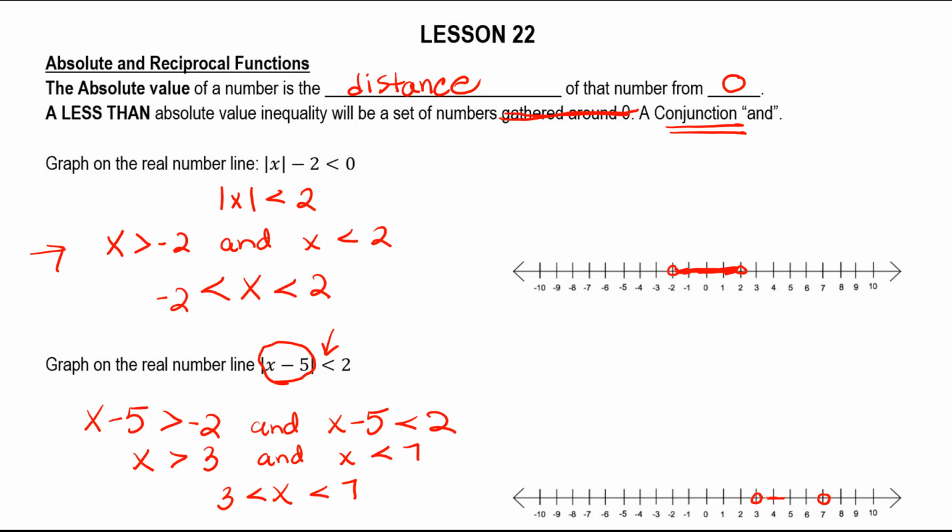We've got this little group of numbers right here between those two values that will work in this absolute value inequality. And if you're not sure if you did it right, you can always check one of your values. So check 5 and see if that works. If you put 5 into this absolute value inequality, you get the absolute value of 5 minus 5 is less than 2. So the absolute value of 0 is less than 2, which is true. That doesn't guarantee that you got it right, but at least it'll give you some idea that you're in the right area.